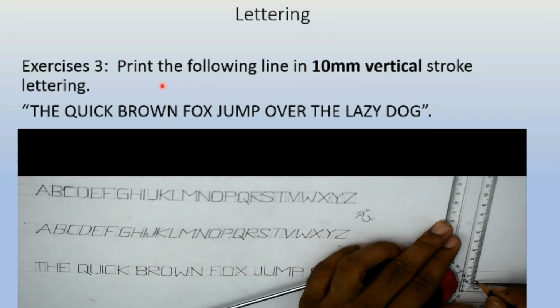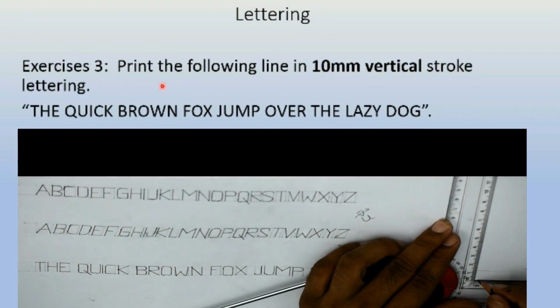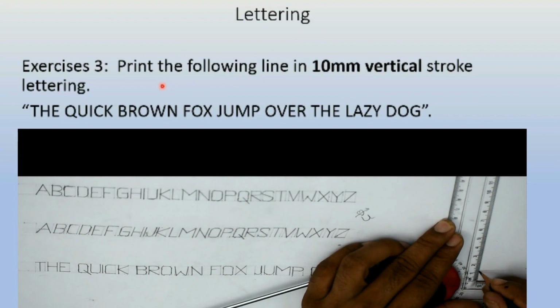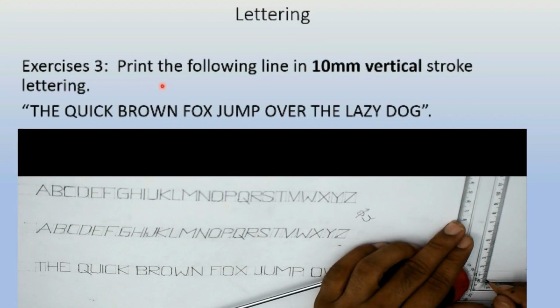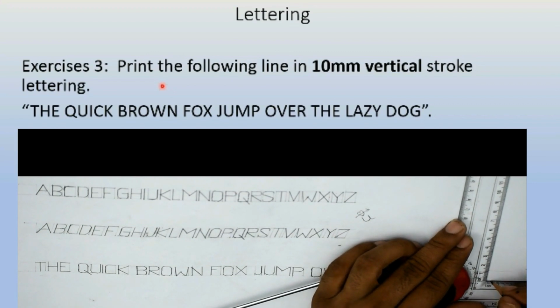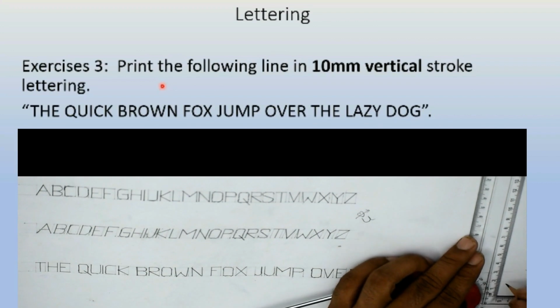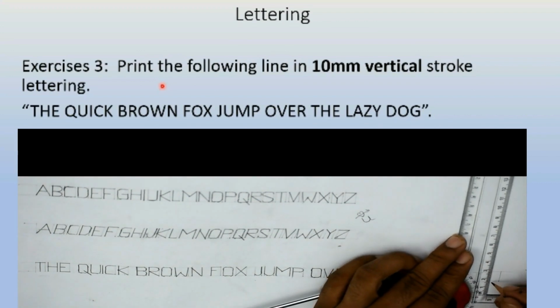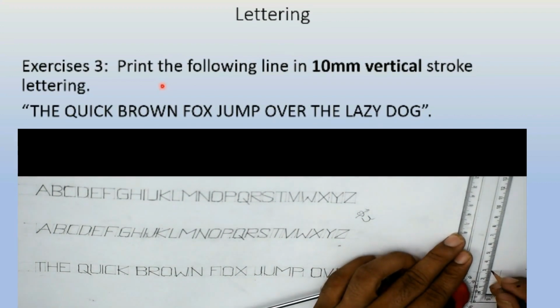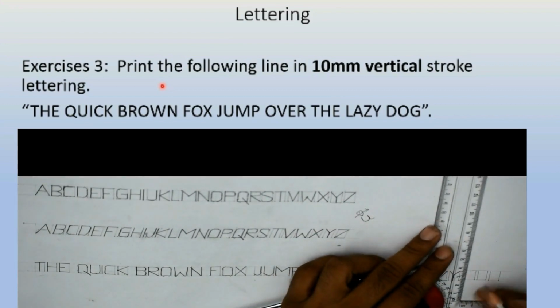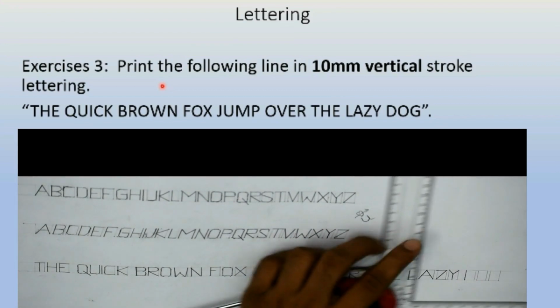Only dog is left. There is 7 mm for D, then 2 mm gap, 7 mm for O, and for the last alphabet, that is G, again 7 mm. I'll complete the word dog here.